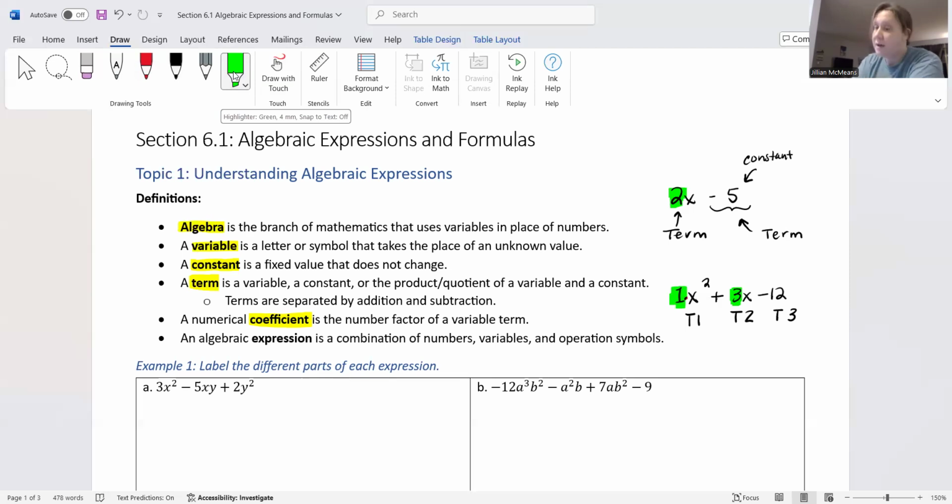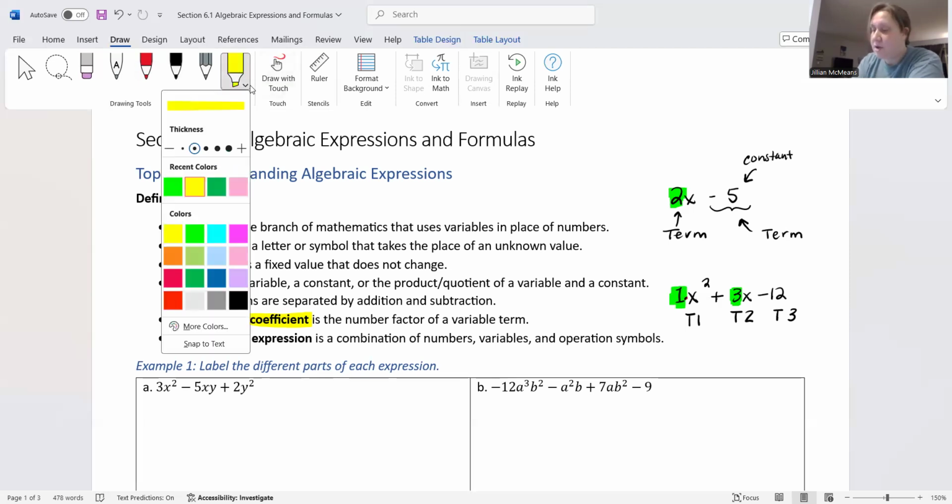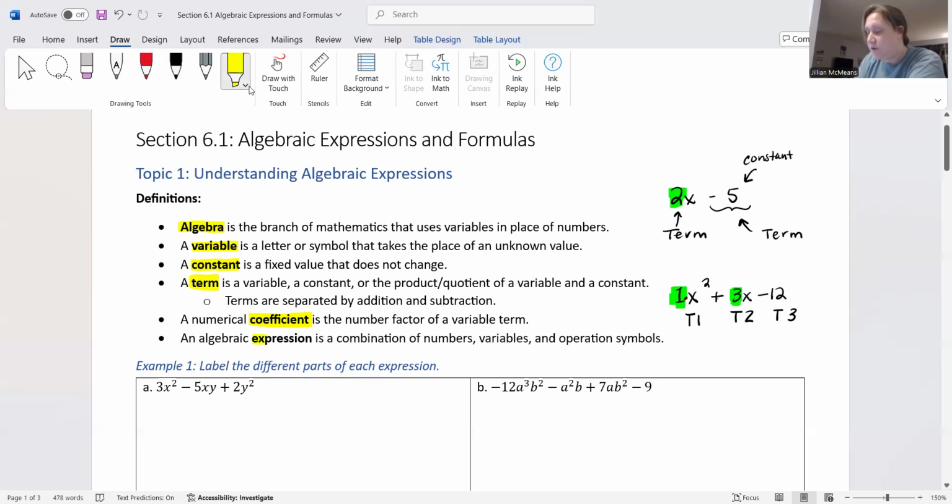Okay, and finally, that leads us to our last definition right here. We have an algebraic expression. An algebraic expression is a combination of numbers, variables, and operation symbols. Another way to think of an algebraic expression is as the sum or difference of terms.